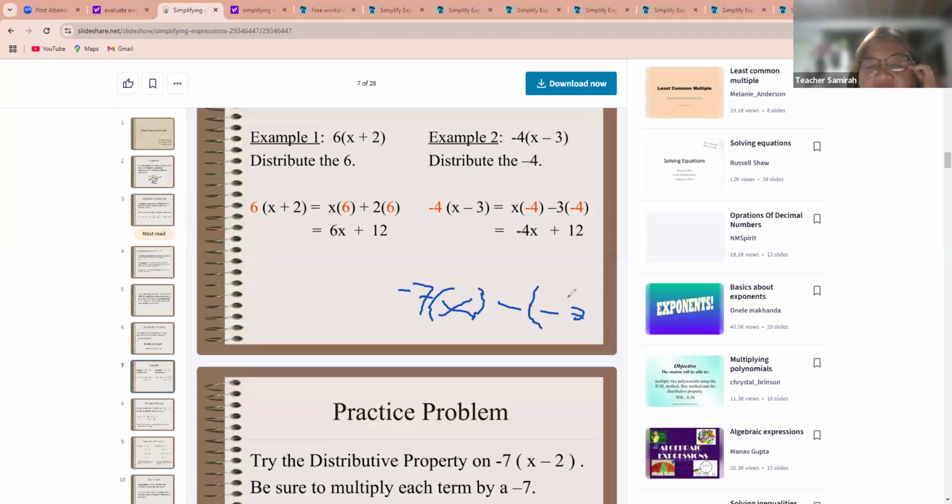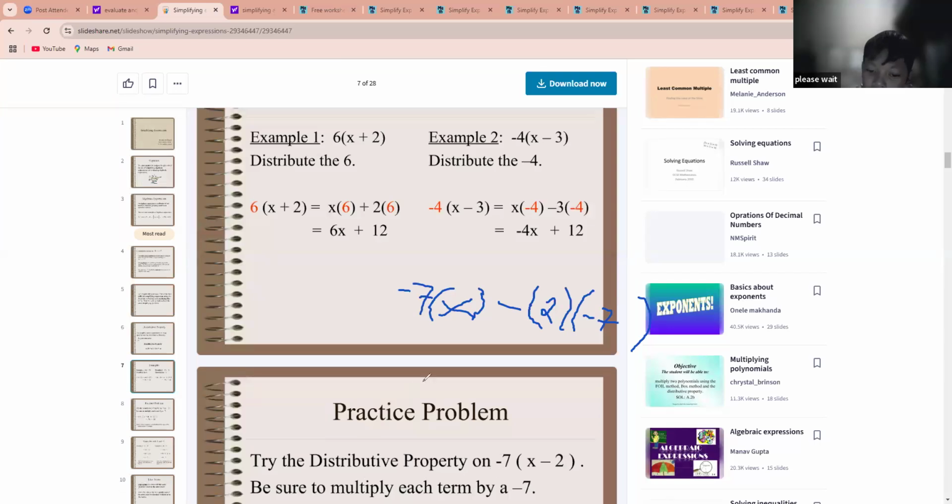So that you will not get confused. Negative 7 times x, what will be the product? Anyone?